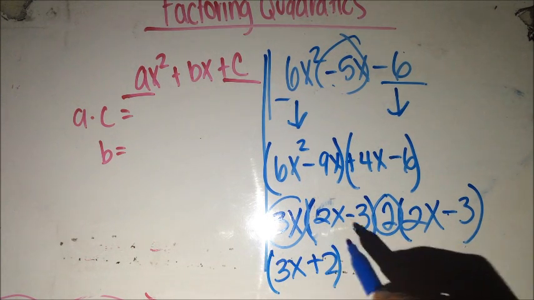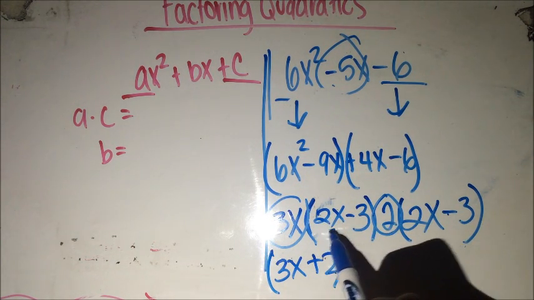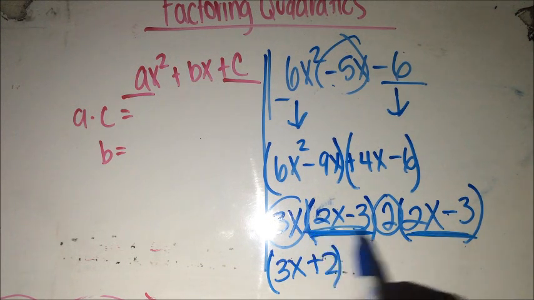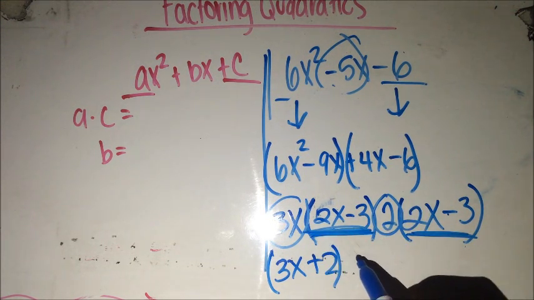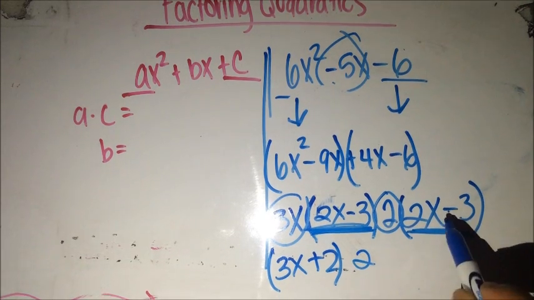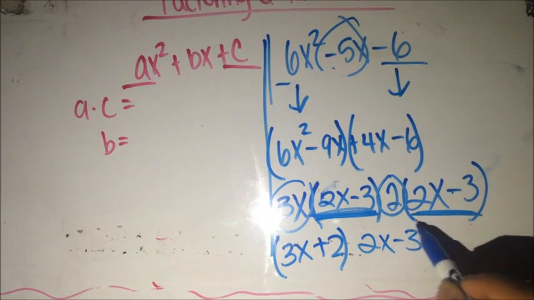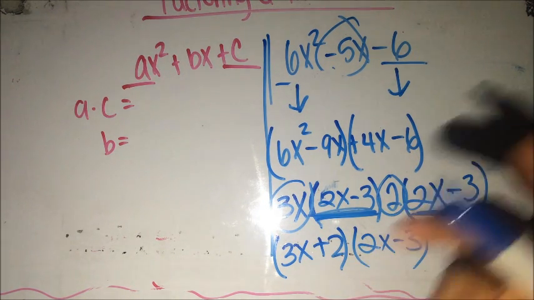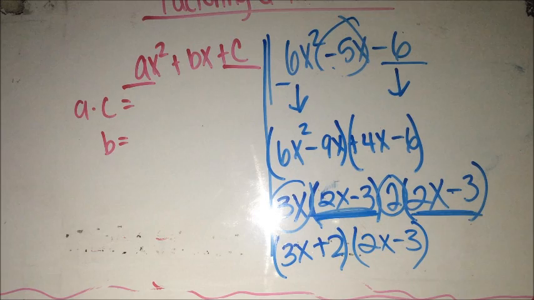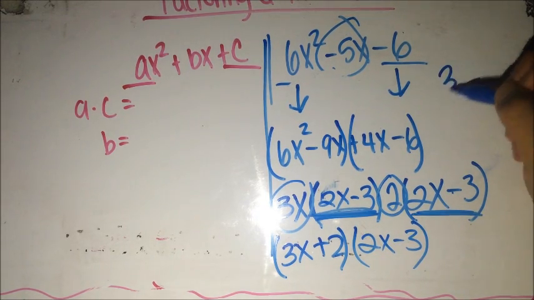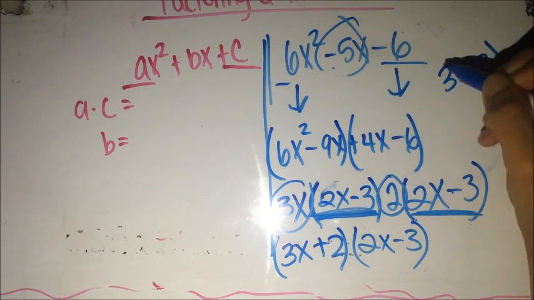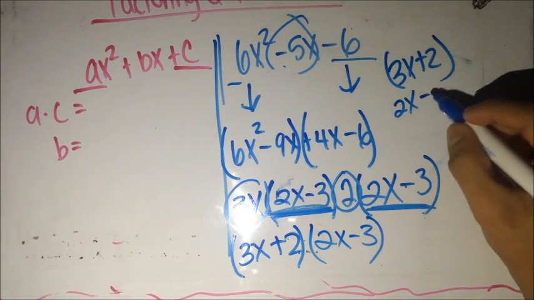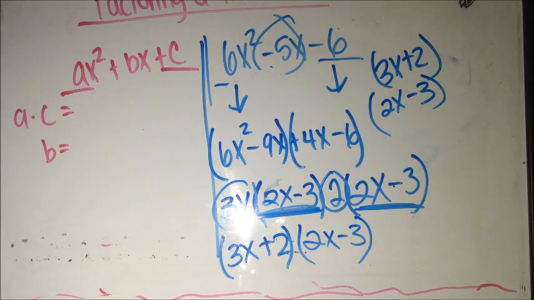in parentheses. Now this will always be the same as this. They will always be the same. So it'd be 2x, you bring down 2x minus 3. And those are your factors for this example. Now we write them over here, 3x plus 2 and 2x minus 3.